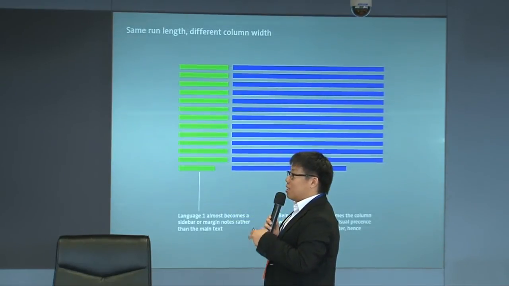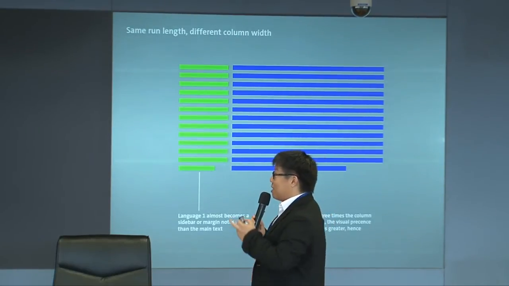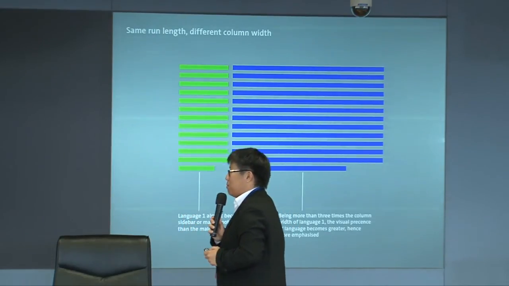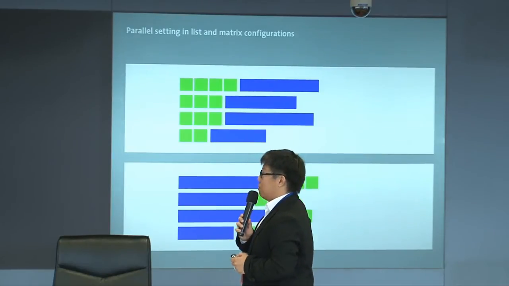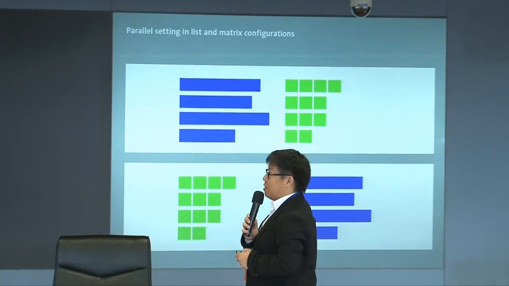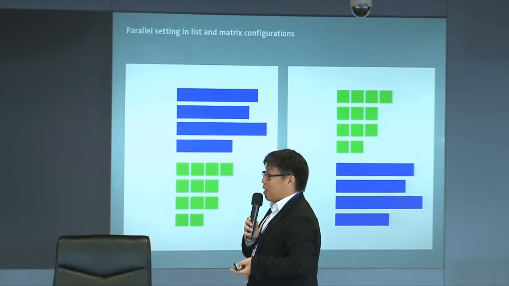How about here when they are more or less the same run length, but still taking up different presence on the visual field? And how about in a list and matrix configuration? How do we search for information then, like this? This is a matrix configuration. You can cross-reference. And this is a more linear way of searching.